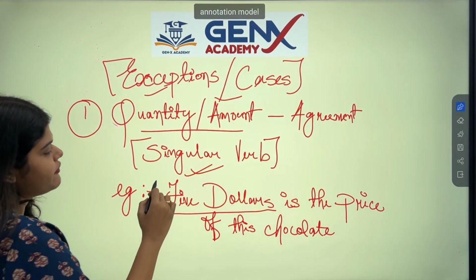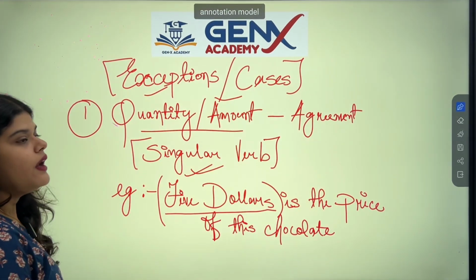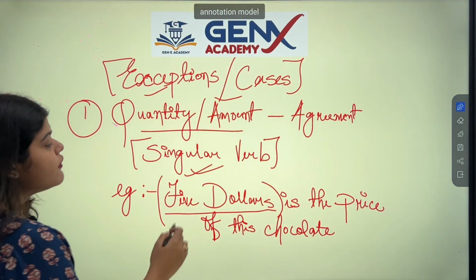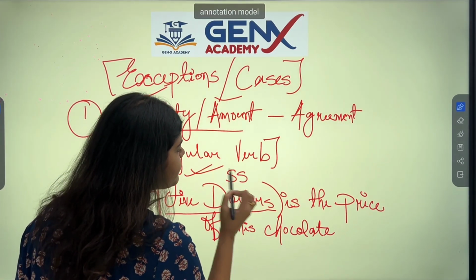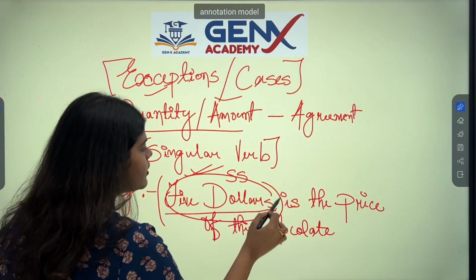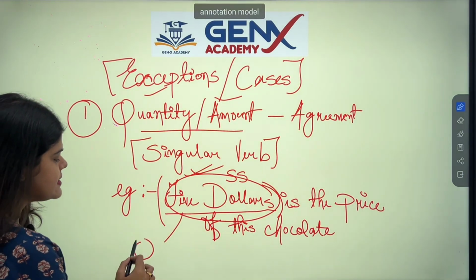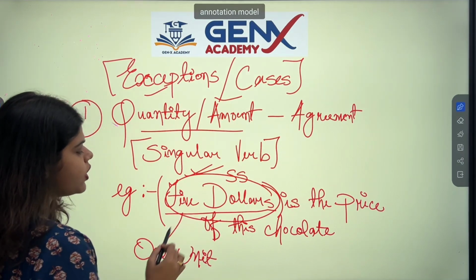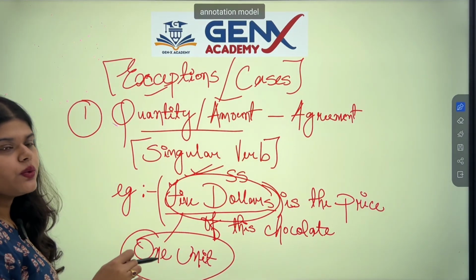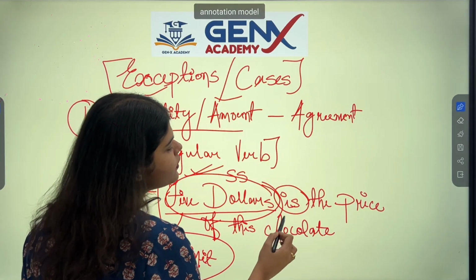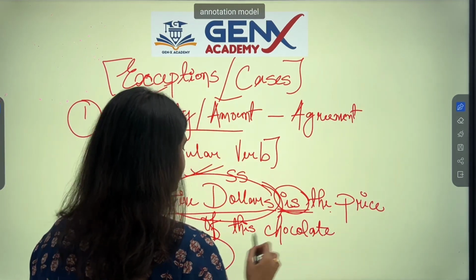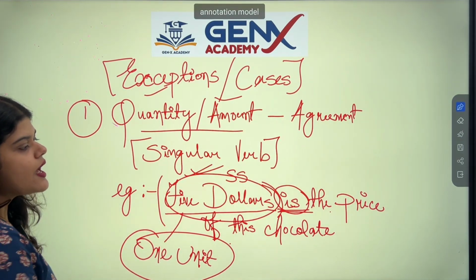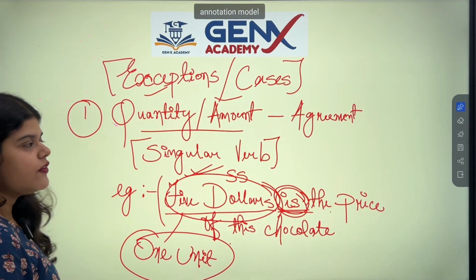So you might say that $5 is a plural subject. Like 5 is more than 1. So you may say that it is a plural subject, but no, 5 is a singular subject because it is a unit, or it will be seen as one unit. $5 is a one or a collective unit. So we use singular verb here, that is the price of this chocolate. We will not say that $5 are the price of this chocolate, but is the price of this chocolate.